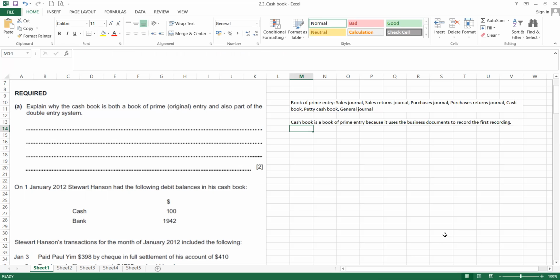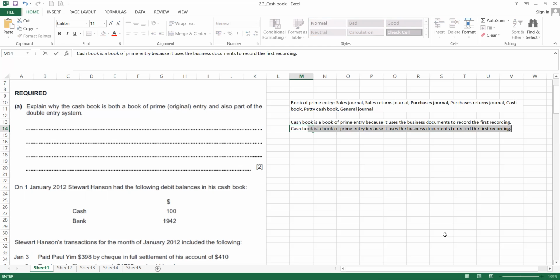And then next, why is it a double entry system? If you remember the T account, the cash book is like a big T because it has many columns for the discount, cash, and the bank.